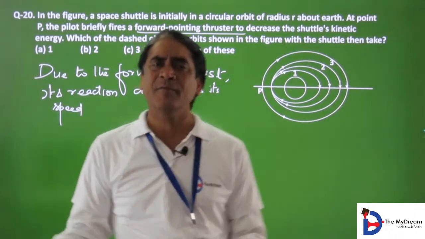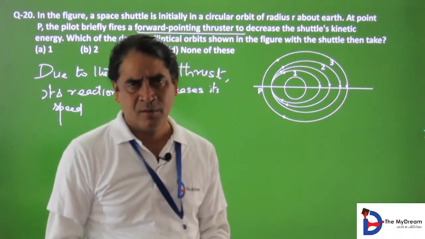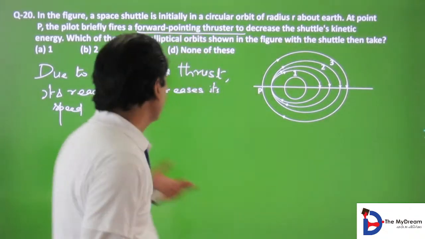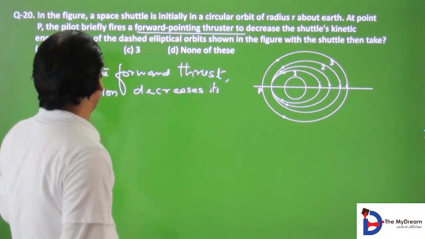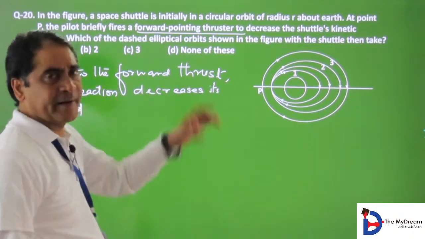Kinetic energy is half mv square, there is no change in the mass. So you can say, due to the forward thrust, its reaction decreases its speed.